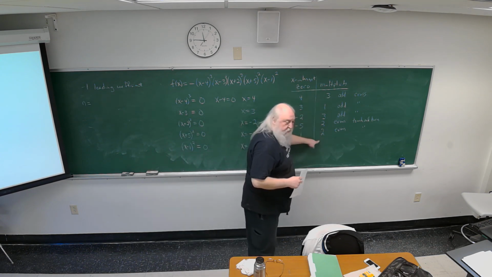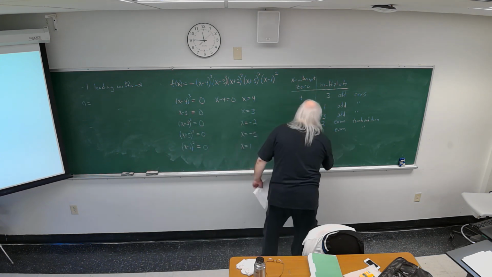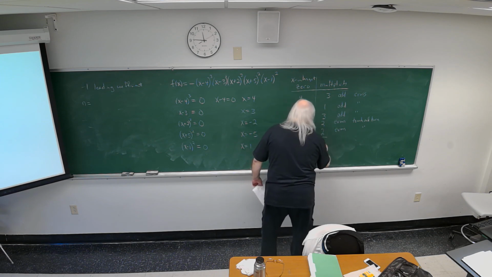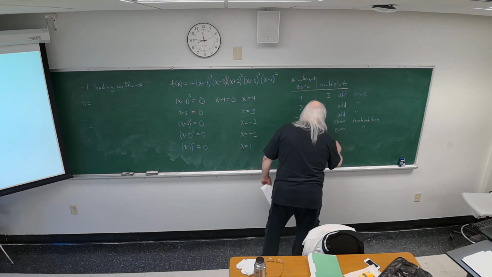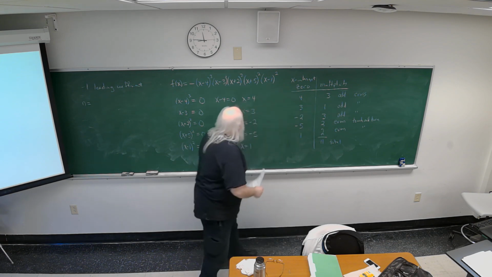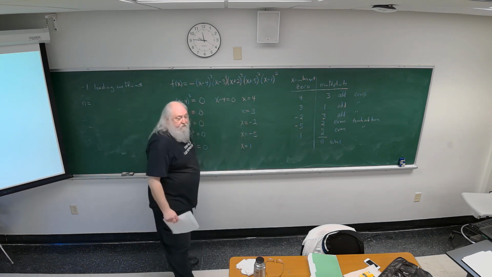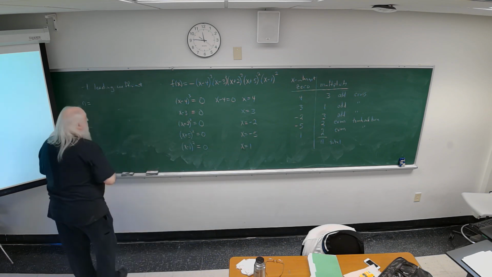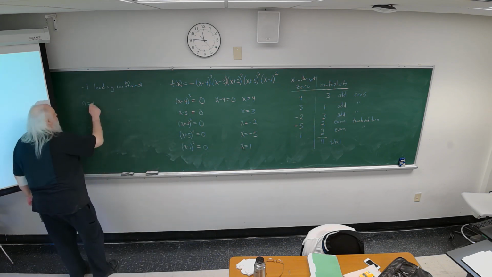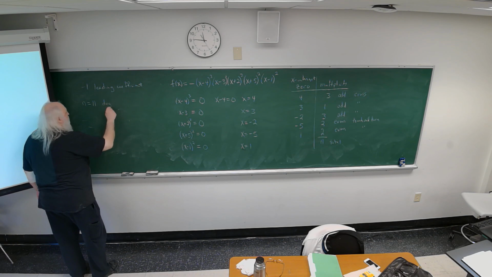You either add up the multiplicities, 3, 4, 7, 8, 9, 11, or you add the exponents. 3 plus 1 plus 3 plus 2 plus 2 is 11. So the degree of this polynomial function is 11.